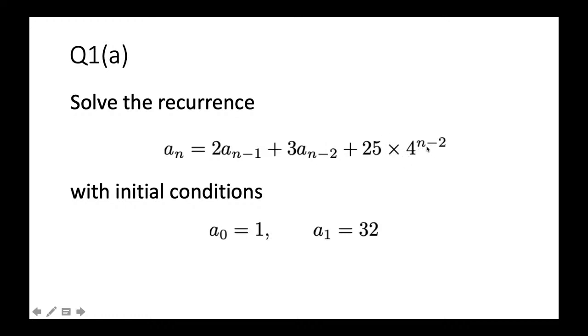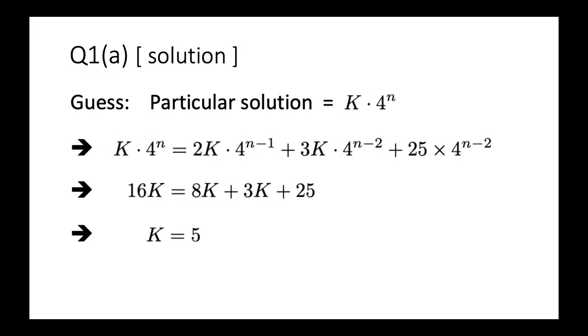So it is natural to guess the particular solution should also look like something multiplied with 4 to the power n. If we start with this assumption, we can plug our guess into the values of a_n, a_{n-1} and a_{n-2} respectively, so that after some manipulation, we find that 5 times 4 to the power n would be a particular solution.